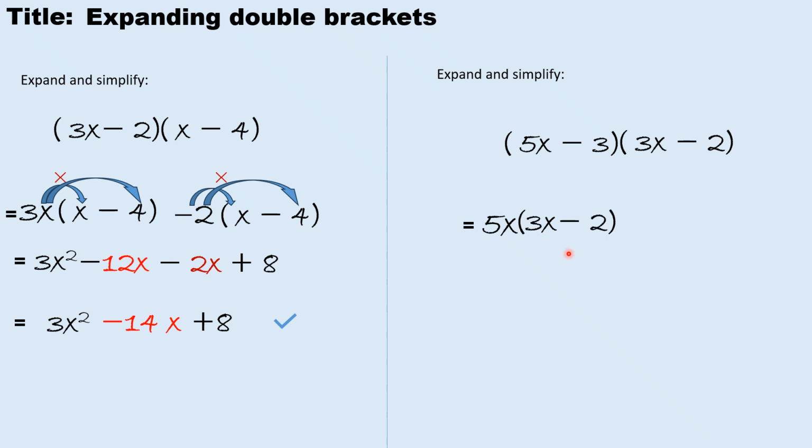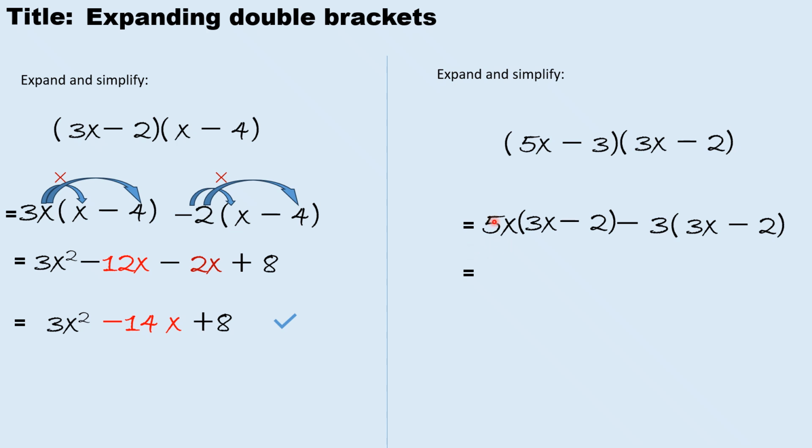So that is 3x minus 2. Then our minus 3 should also multiply everything in your second bracket. Okay, let's expand these single brackets.